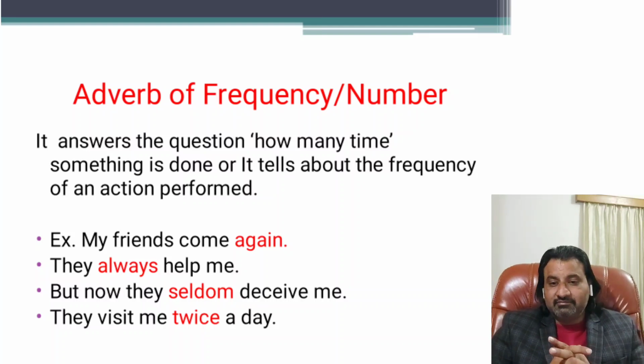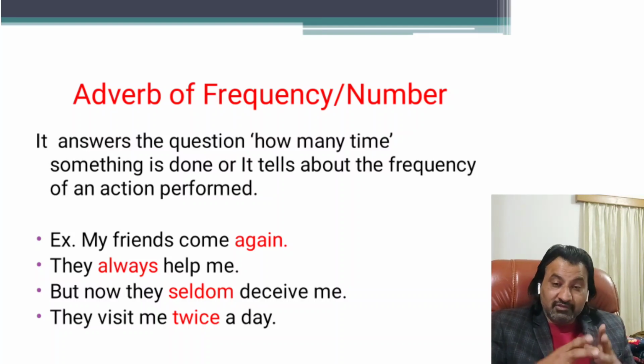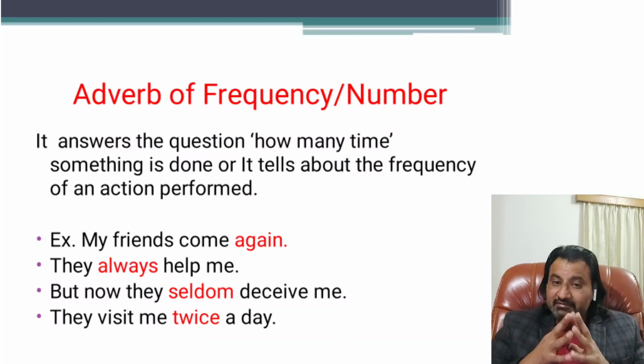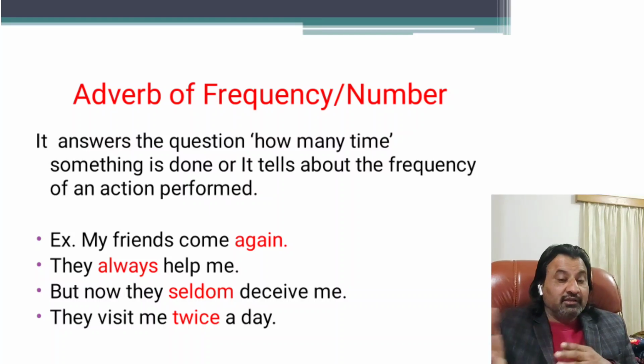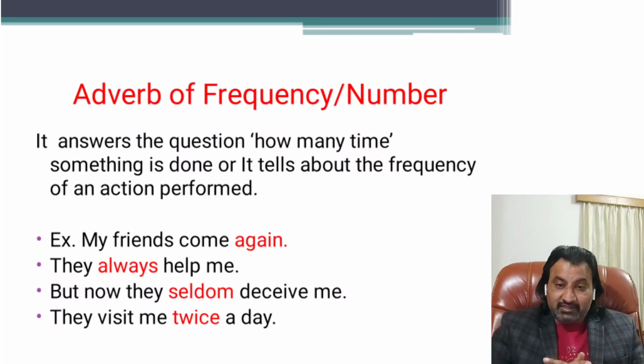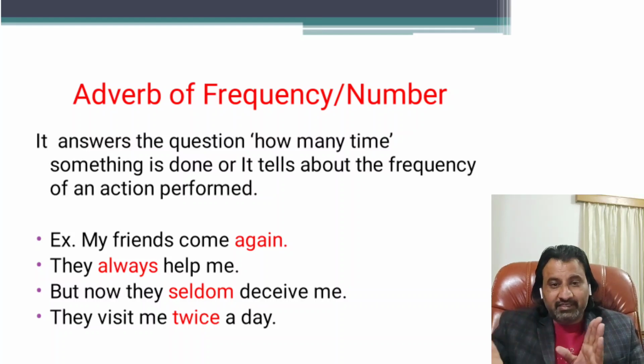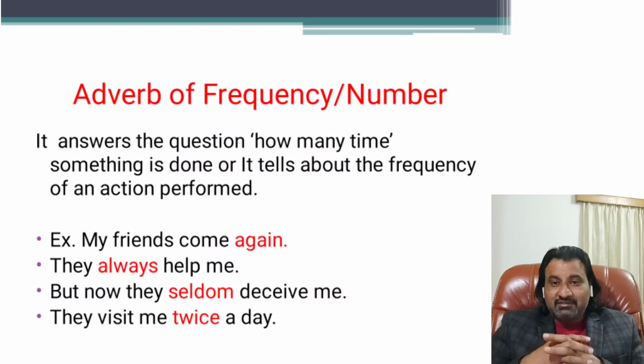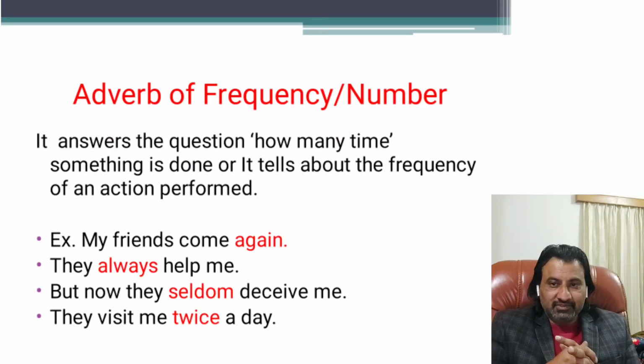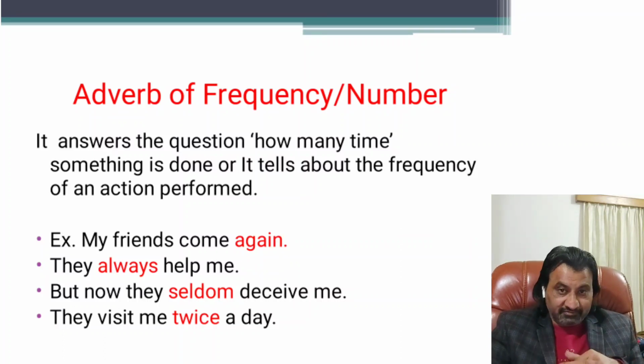Now they seldom deceive me. Now it happens seldom. And they visit me twice a day. So all these words, again, always, seldom, twice, tell us about the frequency of an action performed.